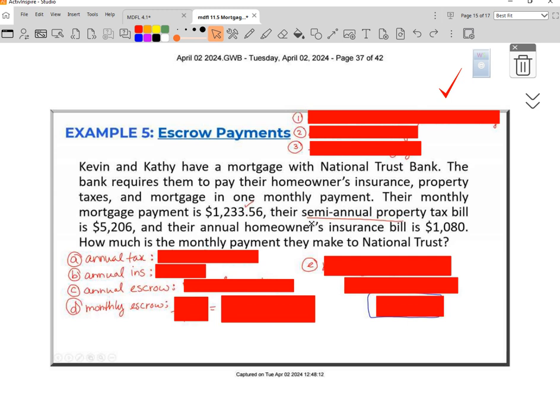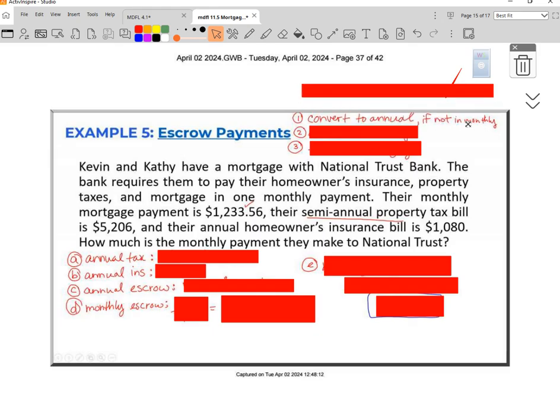So, we are going to go with the best way of work here. Convert everything to annual if it's not already given in a monthly. We're going to convert everything to annual, and then we'll divide it back out to make it monthly, right? So in particular, I'm talking about this semi-annual property tax bill here.